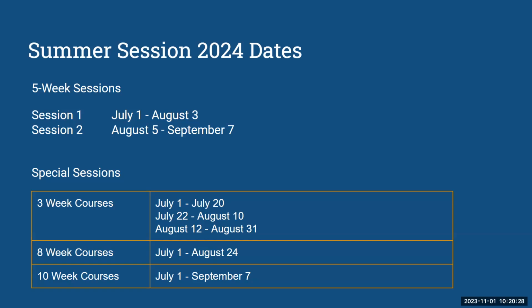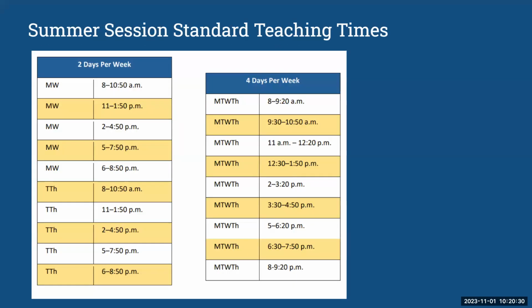Okay, next slide. And then I just wanted to make a comment about standard teaching times. For students to get financial aid in the summer, they need to enroll in a minimum of 6 units. So most students are going to be taking 2 courses. They might be in the same session, or they might take one in session 1, one in session 2. But to support students taking multiple classes, we do want to adhere to these standard teaching times so that students might have a back-to-back class.